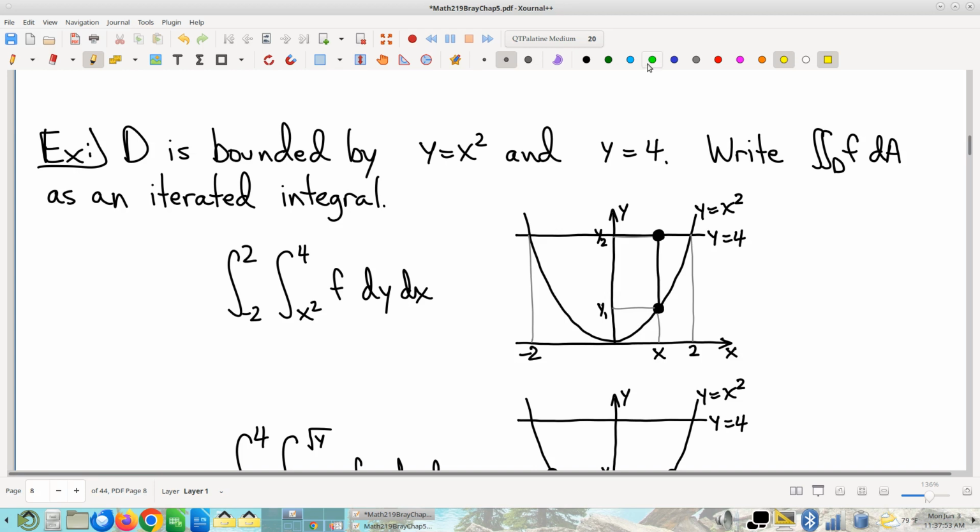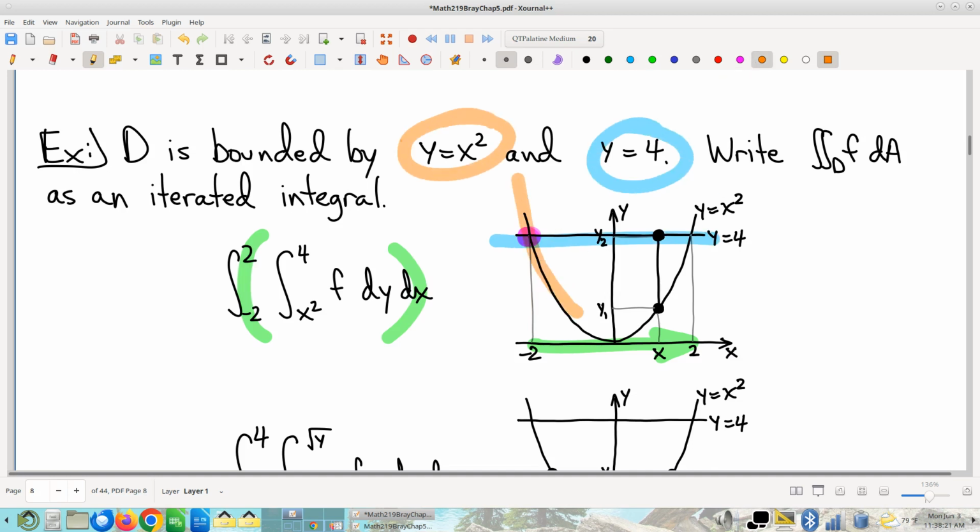Okay, arbitrarily, I'm going to do my x slicing on the outside. I notice x goes from -2 to 2. Now let's talk, how did I come up with those bounds? This wasn't immediately clear from the statement of the question, but you will notice that this point that defines my lower bound is on a couple of curves. It's on this curve with that equation. It's on this curve with that equation.